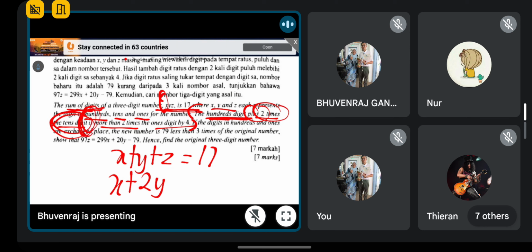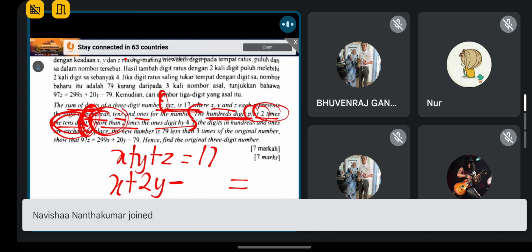Whenever you see is, guys, is equal in mathematics. Okay, is the keyword for equal. But don't go so fast. Read lebih. More than. Okay, more than, you will usually use a symbol minus. Okay, because later you will put equals to a number. Kamu akan bagi dia sama dengan sesuatu nombor.